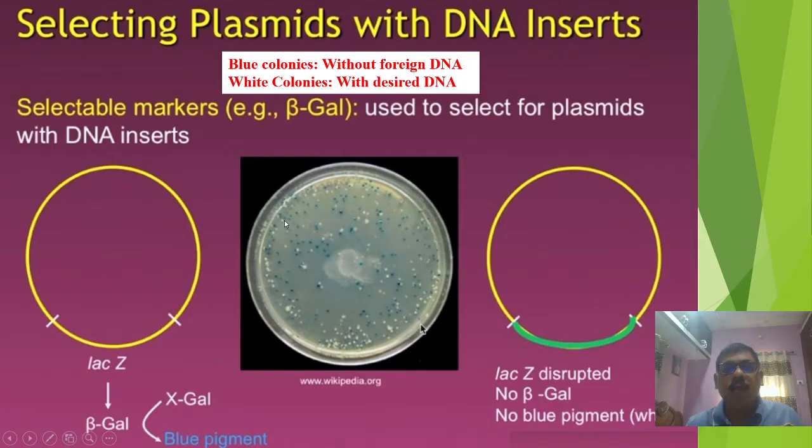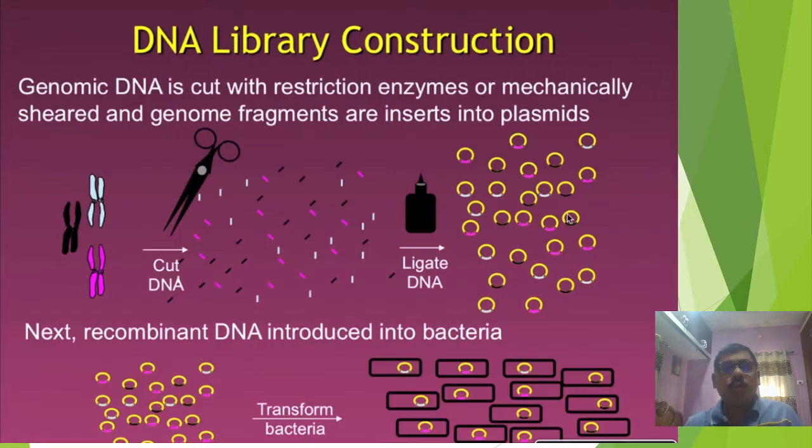First of all, we cut the DNA with a restriction endonuclease. With the same restriction endonuclease, we cut the vector molecule, then we ligate both to get the molecule that we call a recombinant DNA molecule.